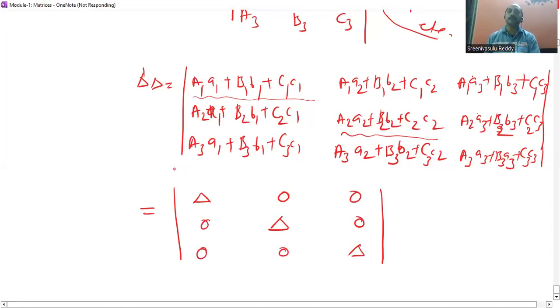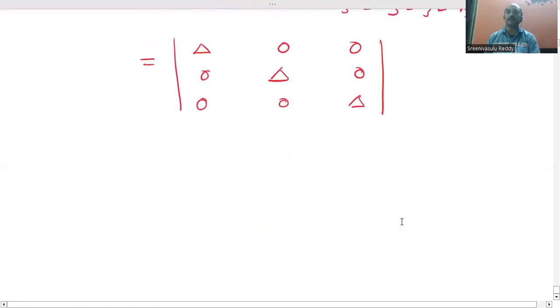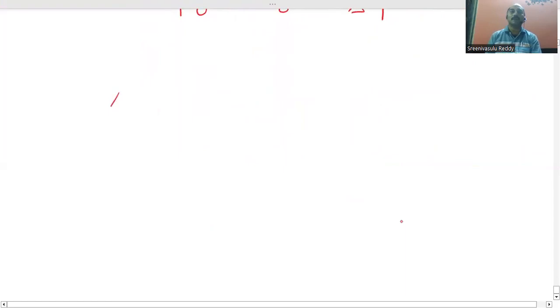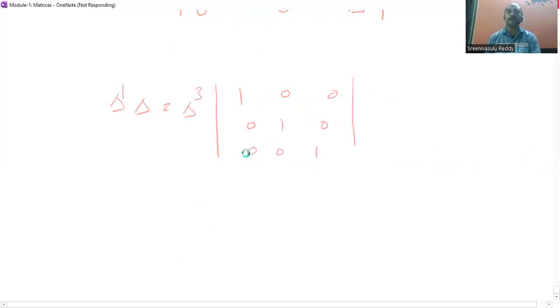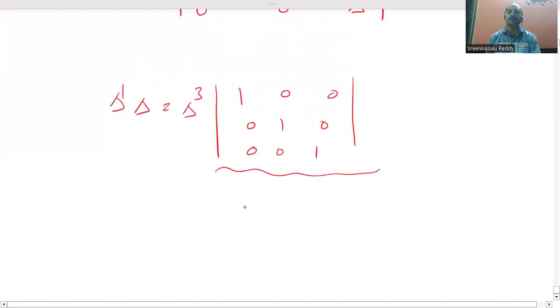But our intention is delta dash equal to LHS equal to RHS, so we have almost reached our goal. On the left hand side we have delta dash delta. On the right hand side, the first row gives delta, the second row delta, the third row delta, total delta cube times the det of 1 0 0, 0 1 0, 0 0 1. The det of the identity matrix of 3 by 3 order is always 1.